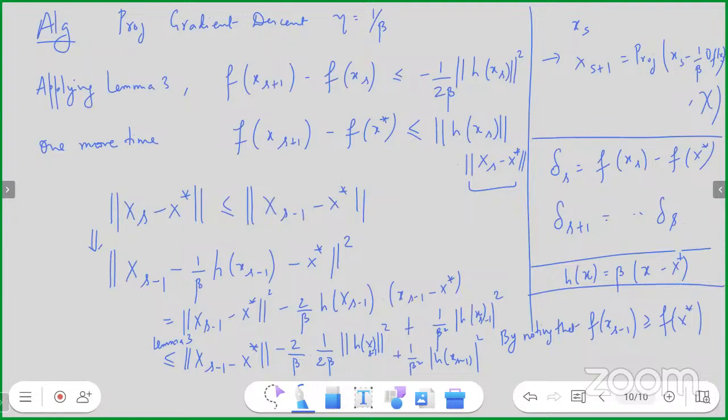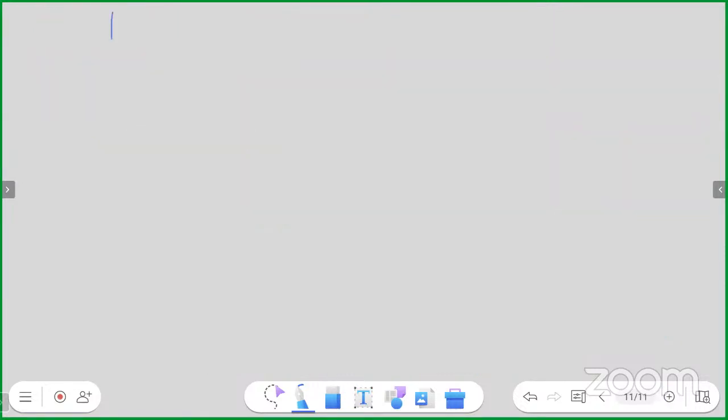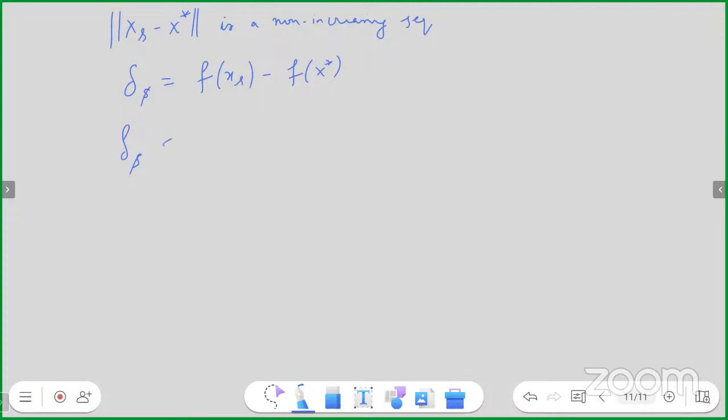Okay. So now I've established that x of s minus x star is a non-increasing sequence. Now I can write delta s as before to be f of xs minus f of x star. And what you end up getting is this. I will just write so that I can finish on time.